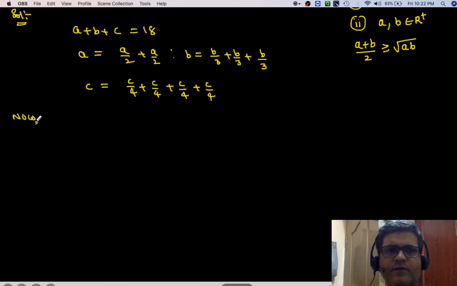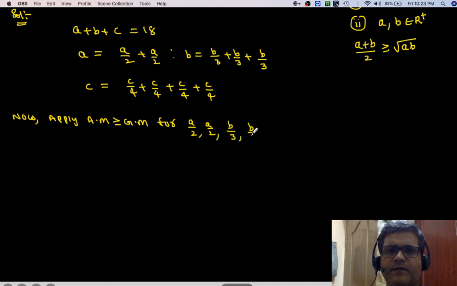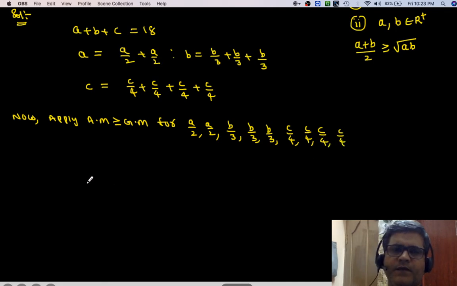Now apply arithmetic mean is greater than or equal to geometric mean for these 9 quantities, that is a by 2, a by 2, b by 3, b by 3, b by 3, c by 4, c by 4, c by 4, c by 4. Now what is the arithmetic mean?